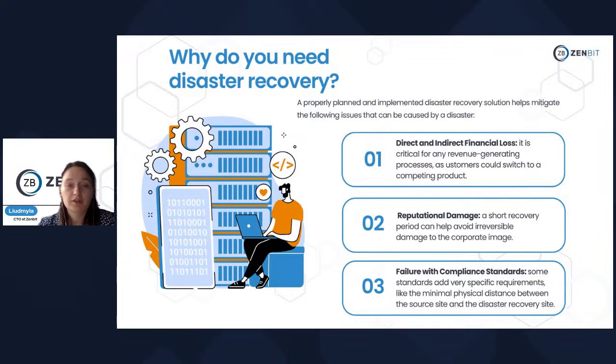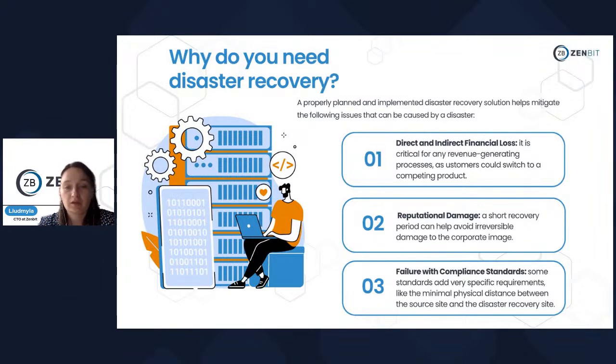And the third one is failure to abide by compliance standards. Multiple compliance standards, including System and Organization Controls, the Payment Card Industry Data Security Standard, and the Health Insurance Portability and Accountability Act, HIPAA, require a disaster recovery plan. And some standards even add very specific requirements, for example, a minimal physical distance between the source site and the disaster recovery site.